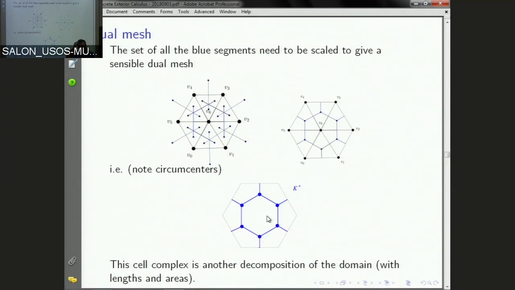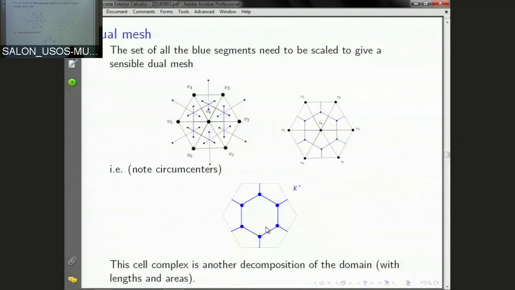Okay. Now let me point out, the dual mesh is a concept, an object that is well known in other methods like finite volume, and is well known in computer science. So it seems natural that we should have this object in DEC as well.